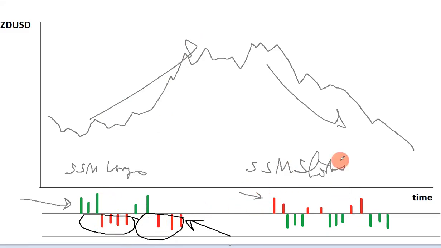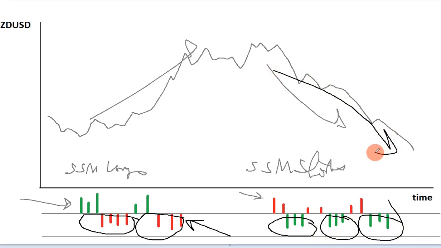The same the other way around: for the few semi-smart shorties, we have many dumb money longies getting more and more into drawdown, the more the market is falling against them. So this indicator also shows you this dynamic, and it's very, very powerful.